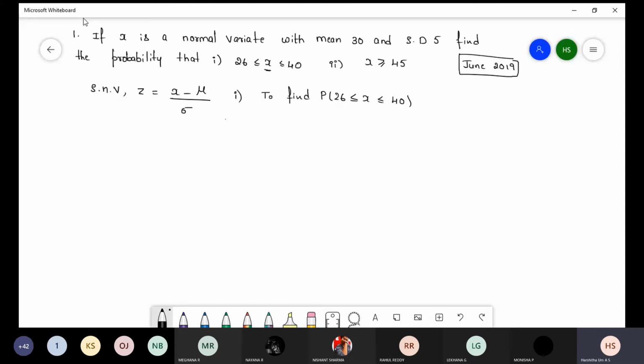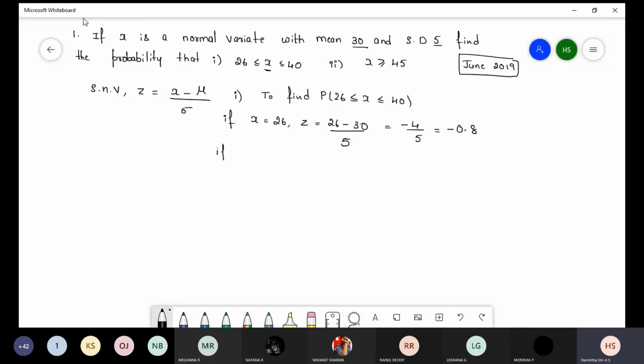If X is equal to 26, substituting, Z is equal to 26 minus 30 divided by 5, which is minus 4 divided by 5, that is minus 0.8.